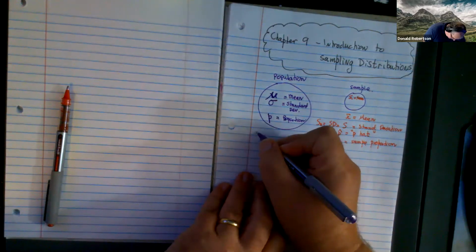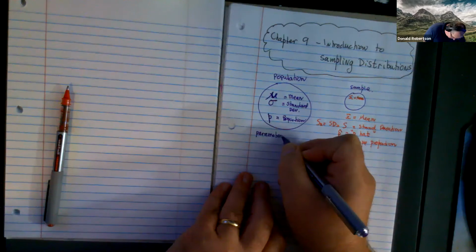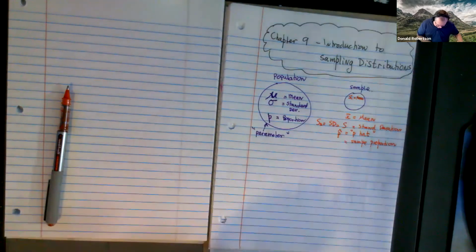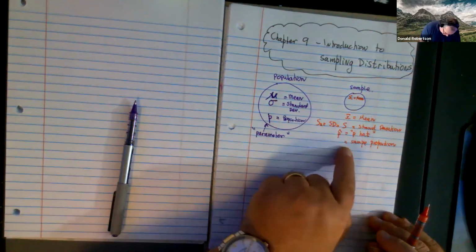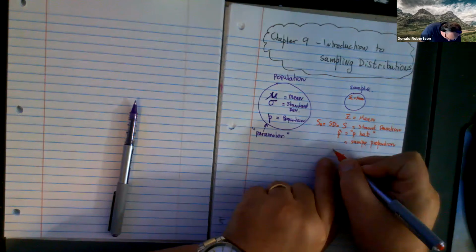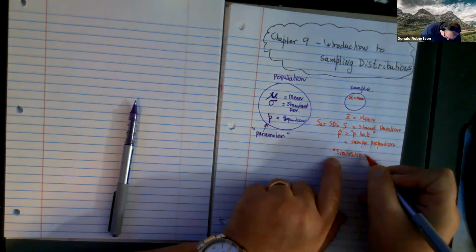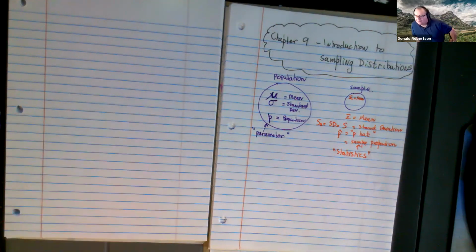If your number comes from a population, it's called a parameter. So all of these things are called parameters. And if you get the numbers, these ones here, from a sample, these are called statistics. In fact, isn't that where the name statistics comes from?